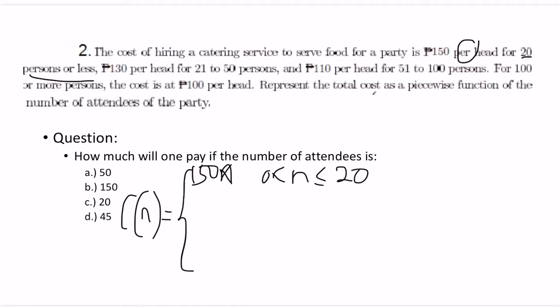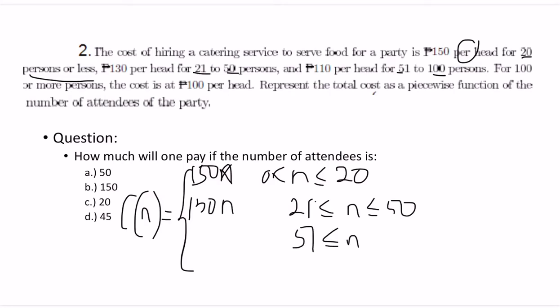Next, 130 pesos per head for 21 to 50, so the price will go down to 130 per head, so 130 times n. Next, for 51 to 100, the price will go down to 110 per head.